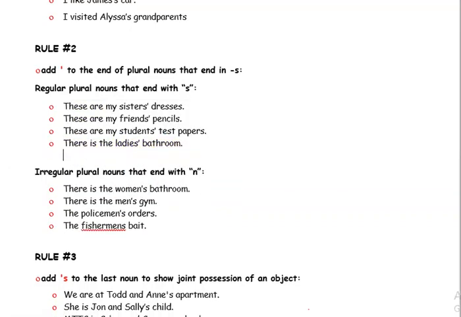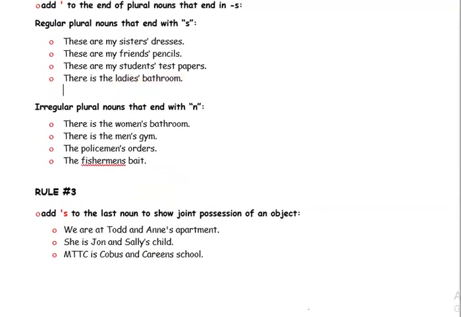Right. Then, guys, we have something called an irregular plural noun. Okay, so we know that normally plurals end with S. One cat, many cats. One person, many persons. One school, many schools. But some plural nouns don't end with an S. They end with other things. For example, one salmon, many salmon.